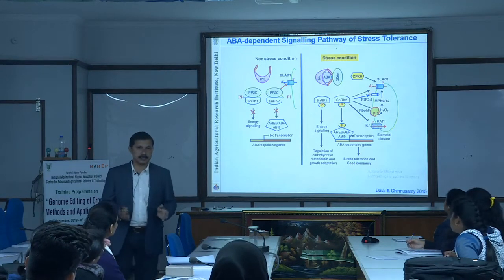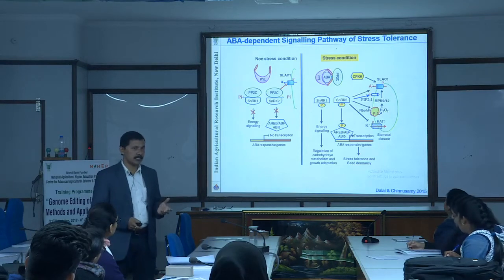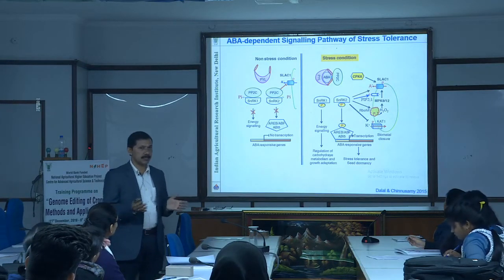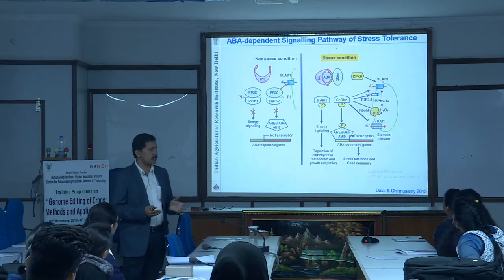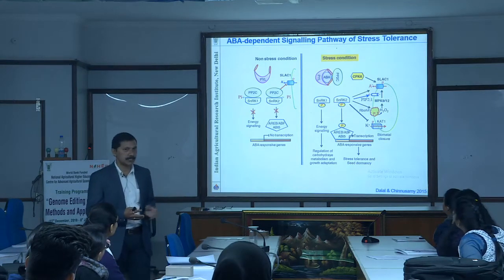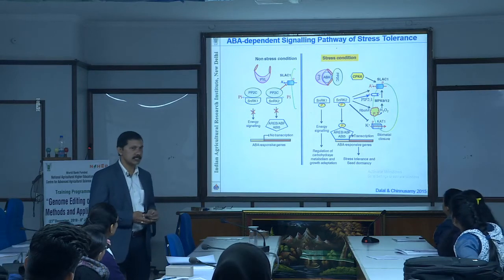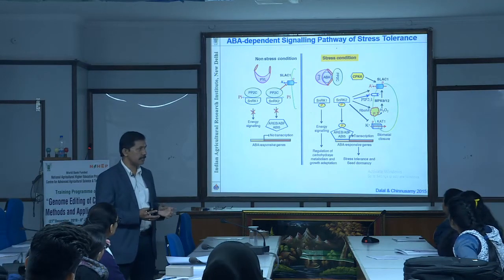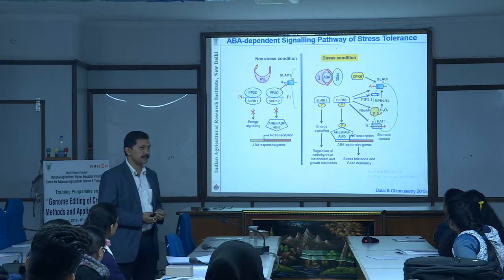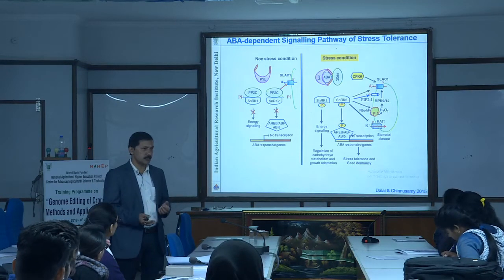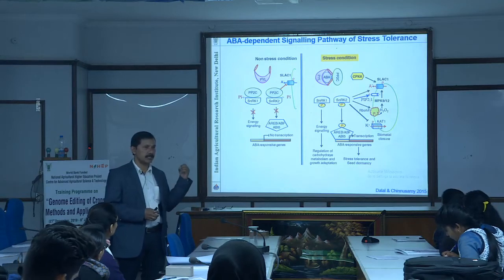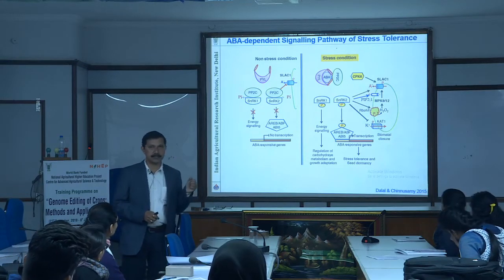So when there is a stress, ABA accumulation increases, and this ABA now binds to the receptor. Once the ABA binds to the receptor, the configuration of the receptor changes. It produces a better configuration which can interact with protein phosphatase 2C. So now the protein phosphatase 2C is sequestered by its interaction with the ABA receptor.